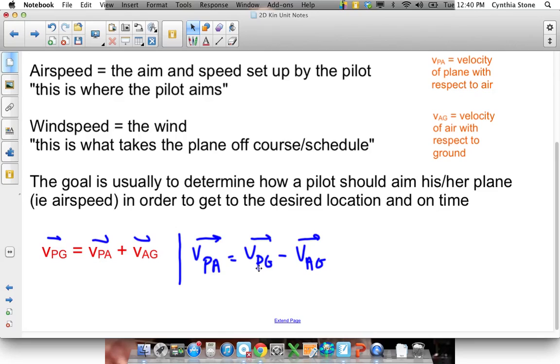Well, it doesn't matter what the wind's doing. This is what the pilot adjusts in order to make that schedule, right? The pilot adjusts its airspeed, whether where it points or just how much thrust, how fast it plans on going, in order to attain a schedule.